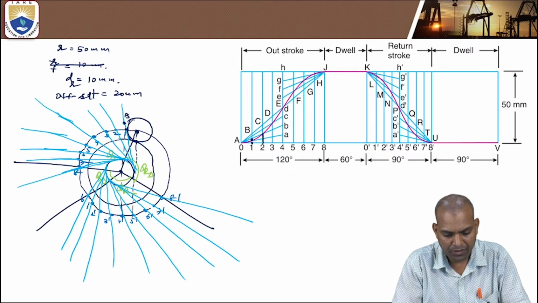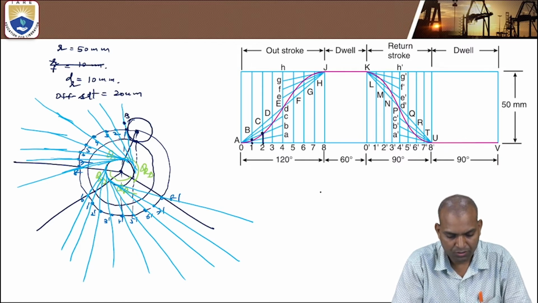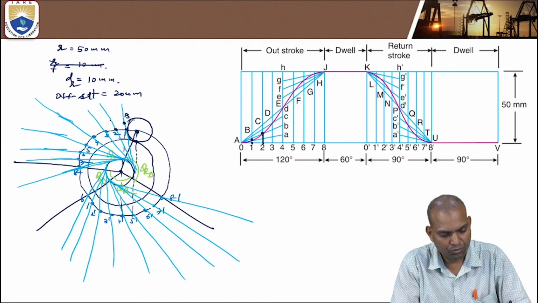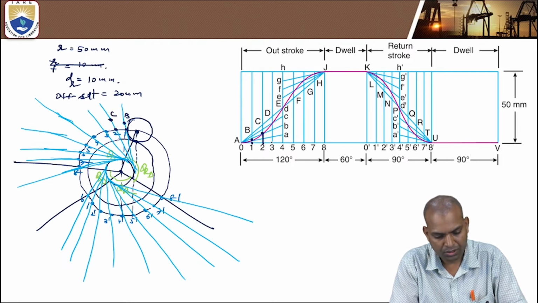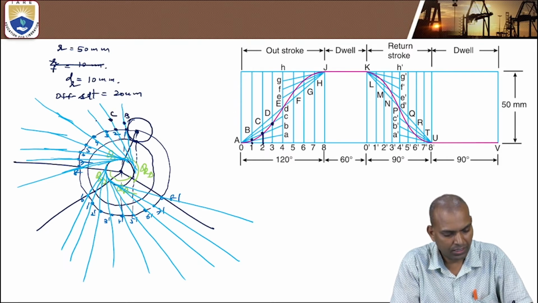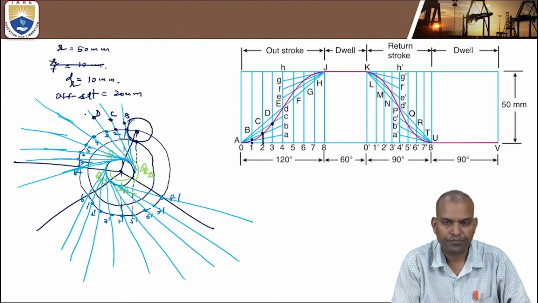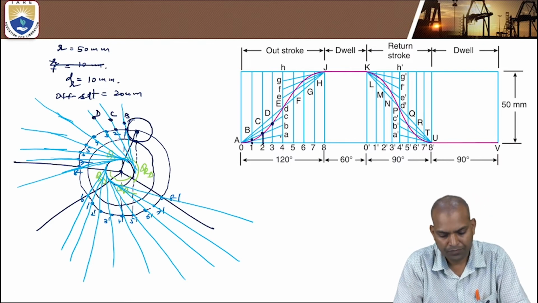Next, take the distance from 2 to C. This is the 2 and it may be C. Next, 3 to D. Mark directly.